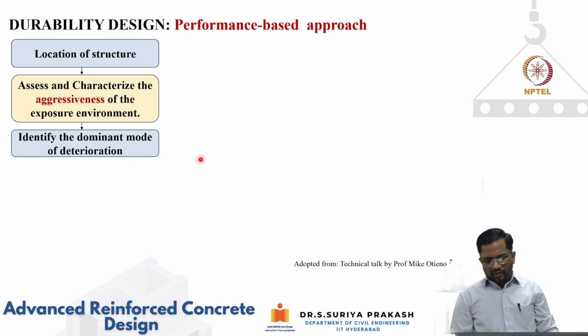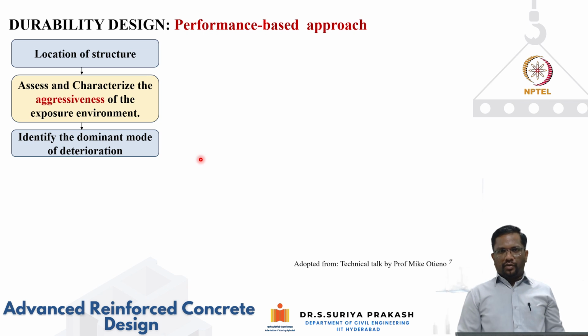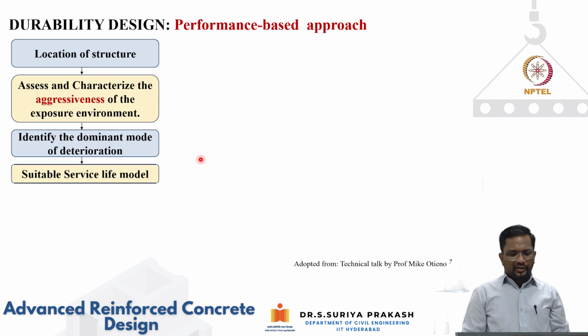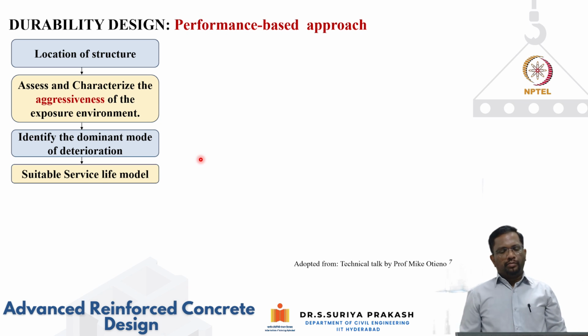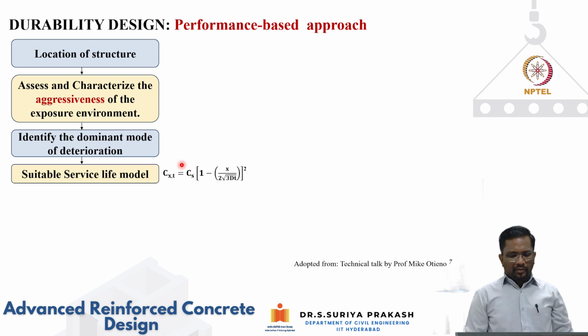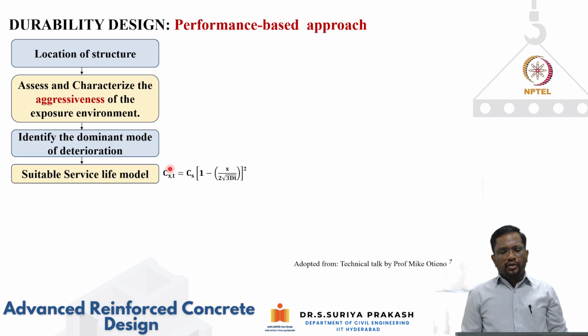Then we have to identify what is the dominant mode of deterioration. We have talked about various deterioration mechanisms in the previous lectures. So, for example, if your structure is located in a marine environment that is subjected to chloride-induced corrosion, then we can select a particular equation or a service life model that is going to give me the extent of your chloride penetration at any point of time t, and x is your depth.